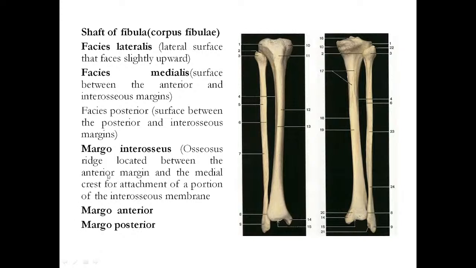And the fibula has three margins: margo interosseus, margo anterior, and margo posterior. It has three surfaces and three margins.